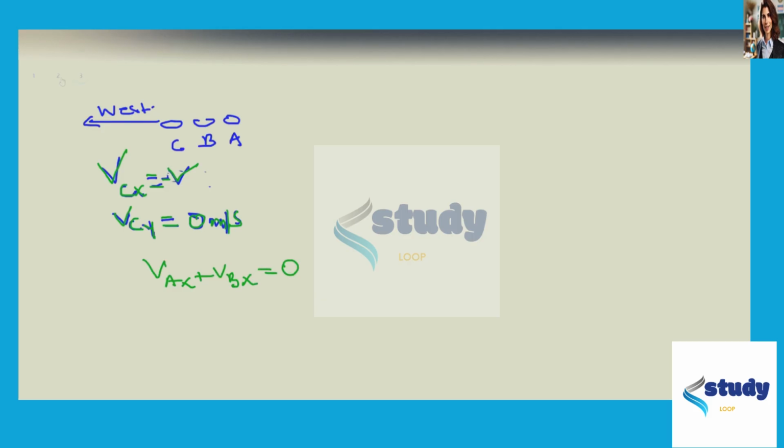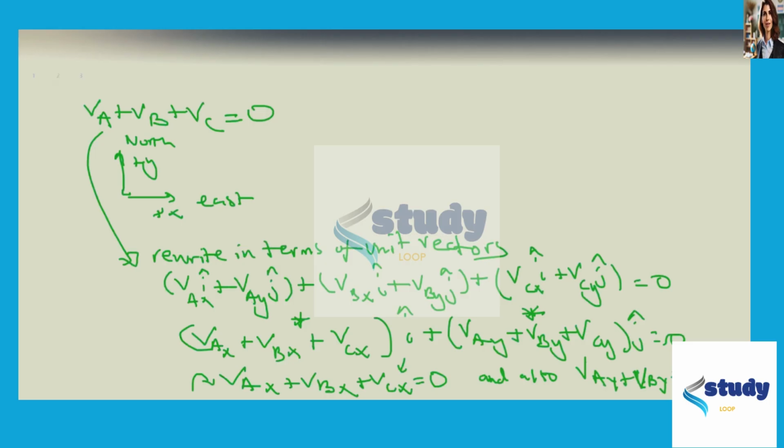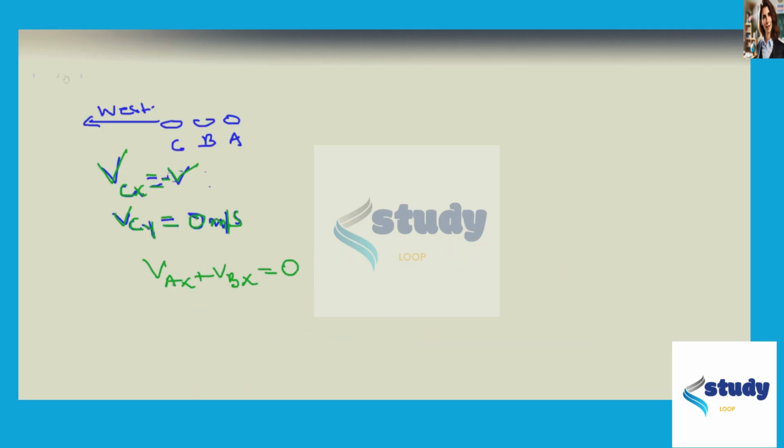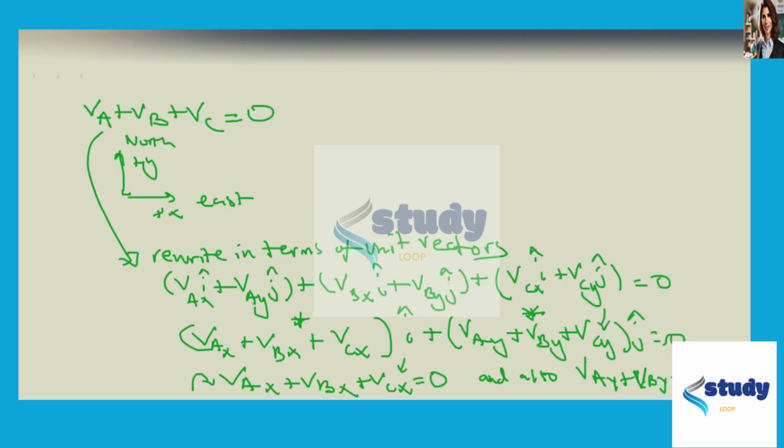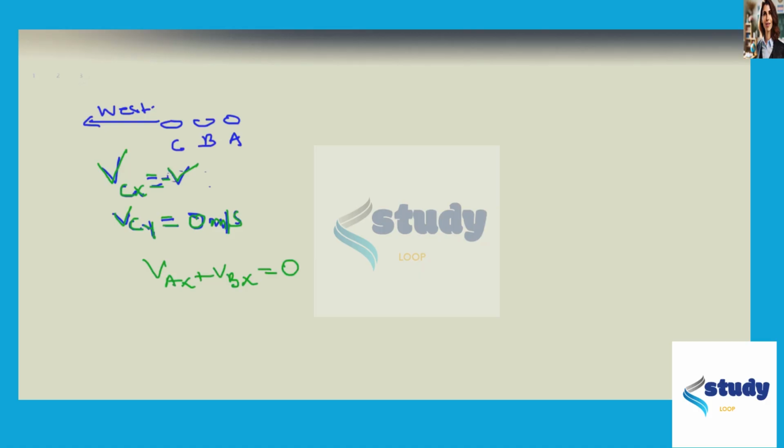And in terms of the y's, we know Vcy is 0, and they told us that Vay and Vby, those two, are going to equal 0. So first of all, Vcx is negative v, so we have to change this.